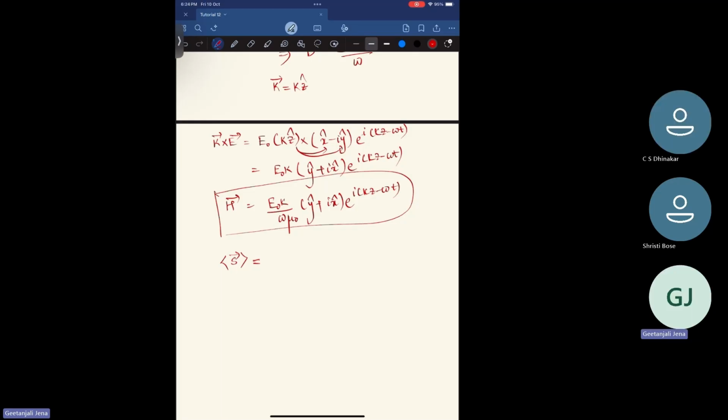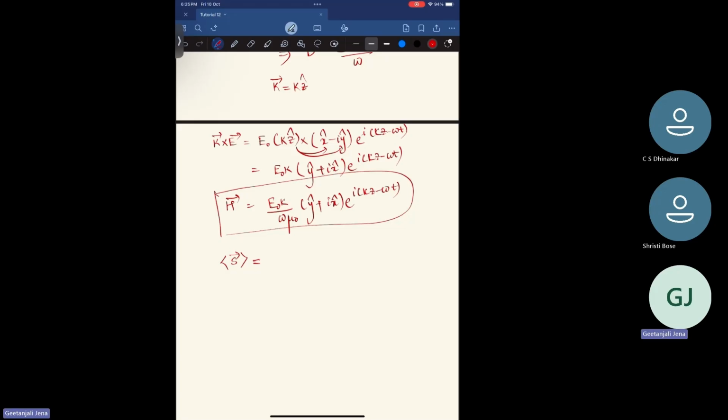I will take water. So in class, I think you can recall it is half epsilon naught c E0 square. So this is for the case where we have the plane wave solution.